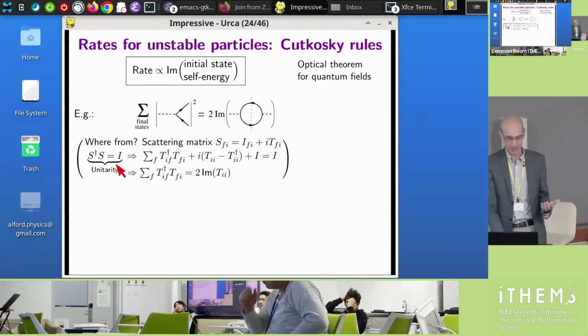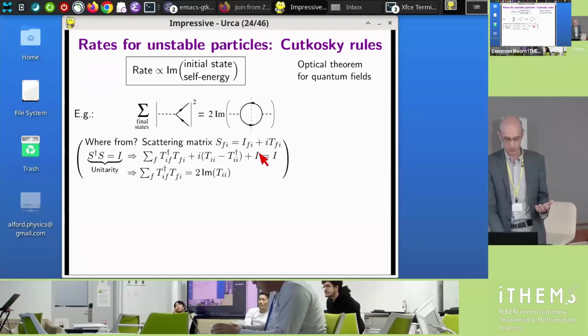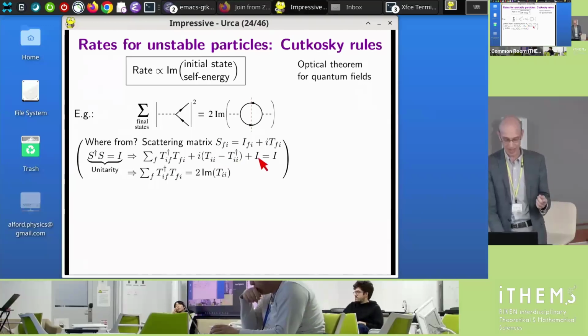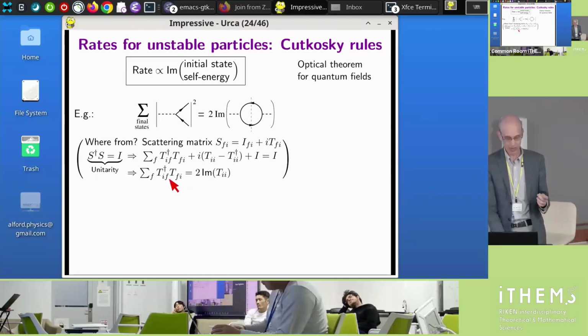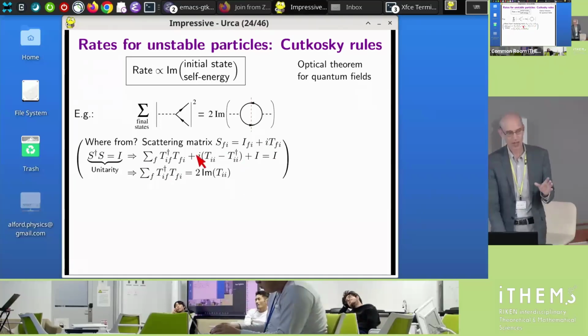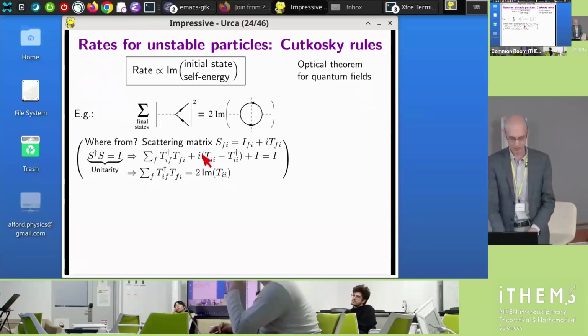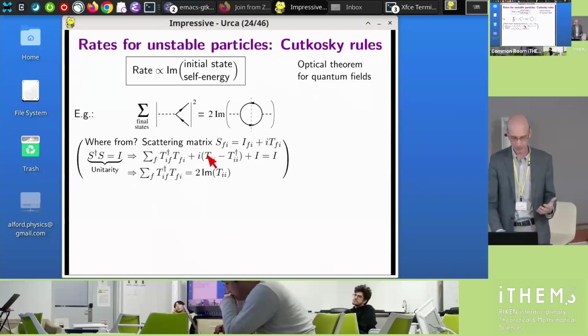And then unitarity says S squared equals 1. You plug this in and you get T squared terms, cross terms that are linear in T, and the identity. But the identity is on the other side as well, so that cancels. So this turns into a relationship between T squared and T. So you get a relationship between amplitude squared and amplitude. It comes from this unitarity condition, which gives you this very odd-looking rate equals amplitude type equation. But it's quite straightforward once you know where it comes from.